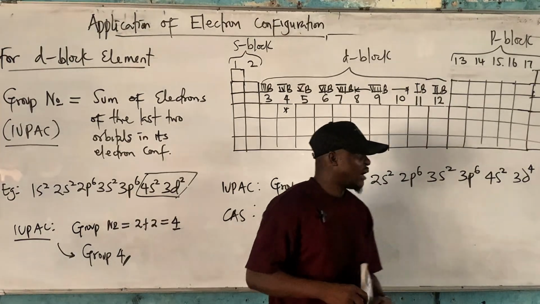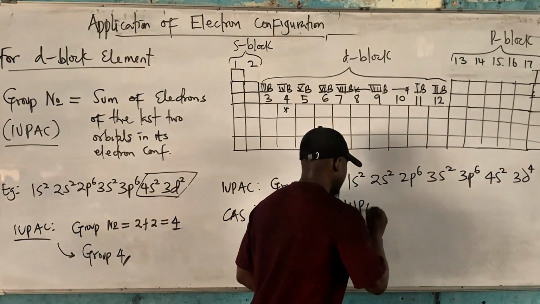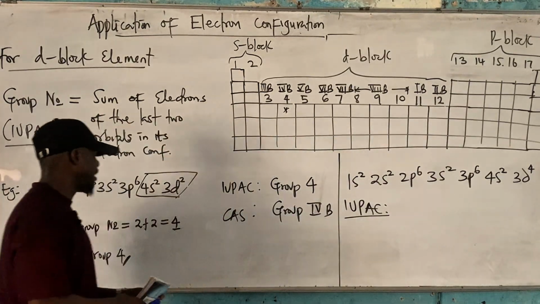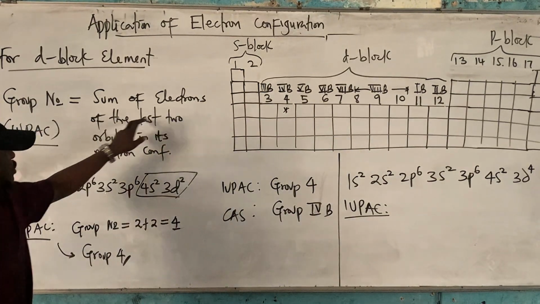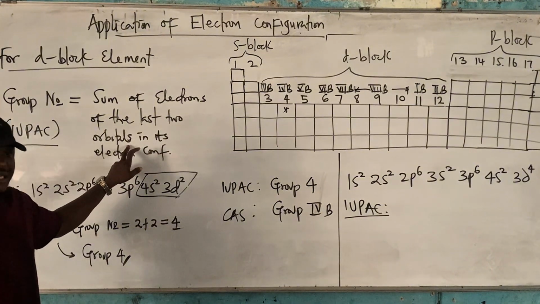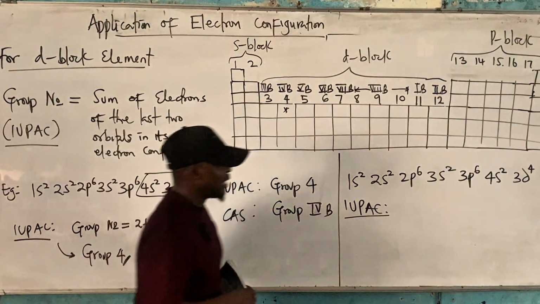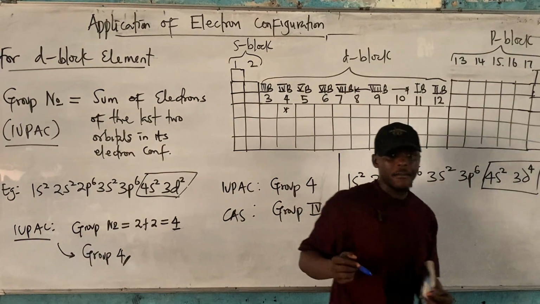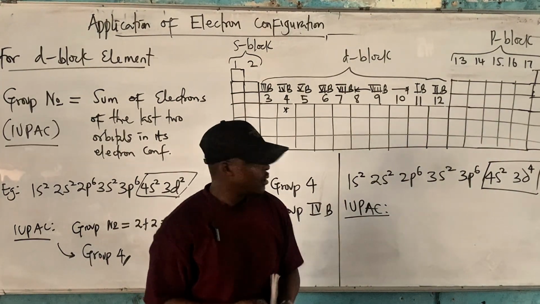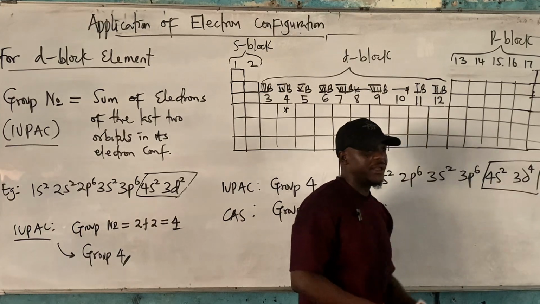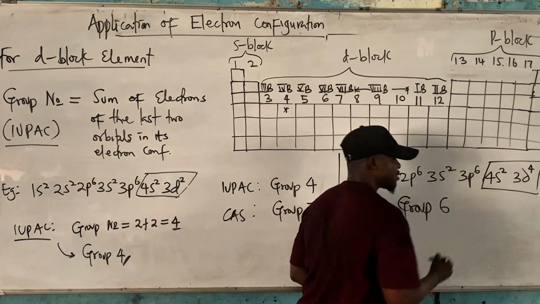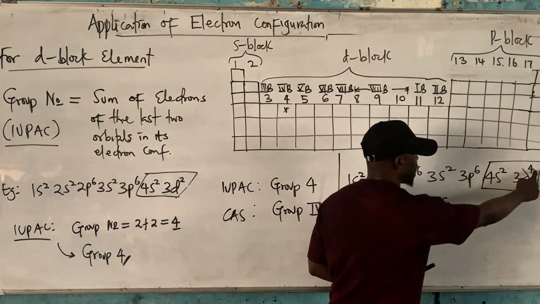So according to the IUPAC, to get my group number, I sum the electrons of the last 2 orbitals in its electronic configuration, which are 4s2 and 3d4. Now, 2 plus 4 is 6. So according to the IUPAC, this element is in group 6.